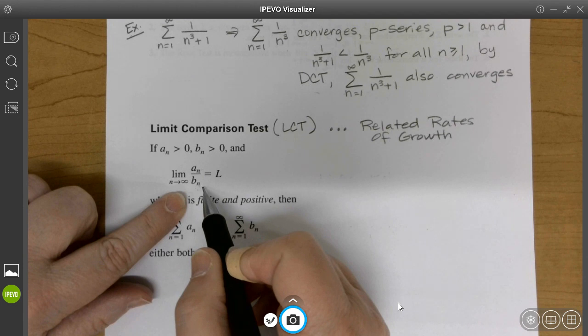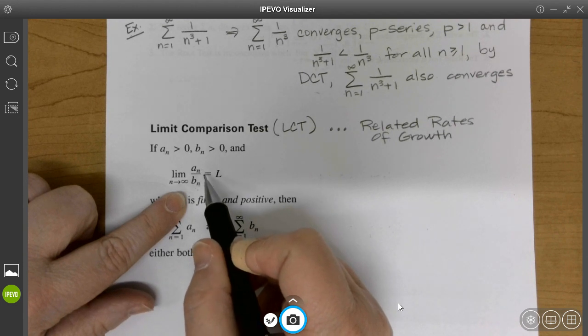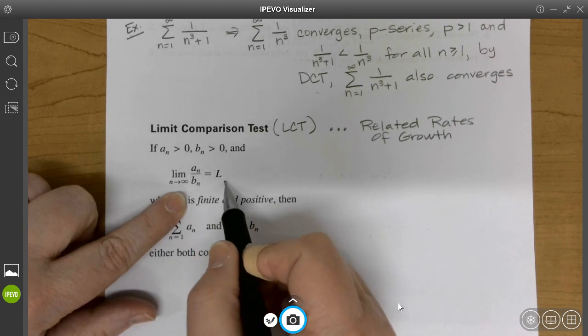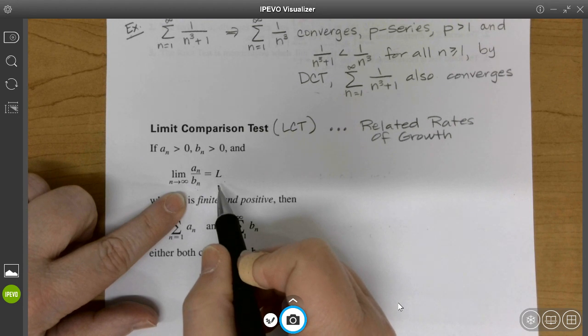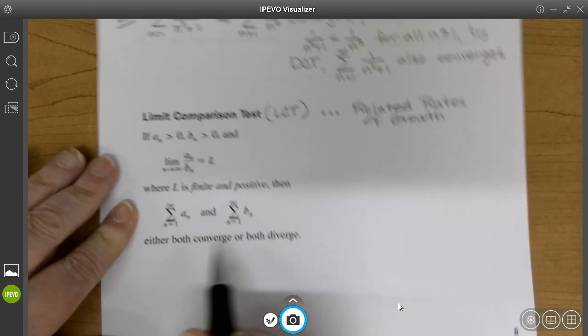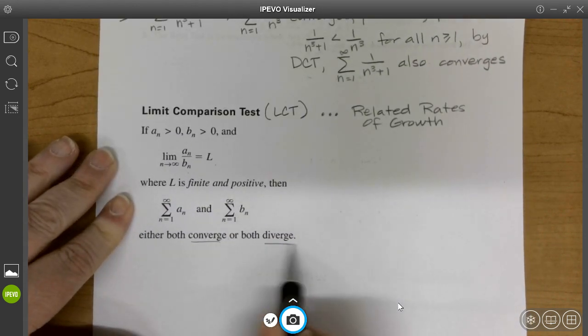Well, what happened when we did the limit as x went to infinity and we got a fixed, finite number? Well, we said it grows at the same rate. So if things grow at the same rate, that means they're going to behave the same. So if they're behaving the same as n goes to infinity, then they're either going to behave the same convergently or divergently.